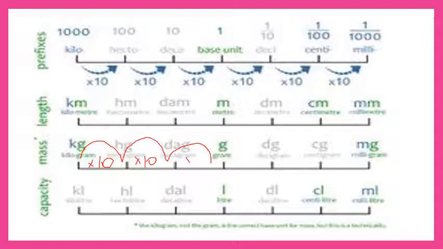So if I want to change from kilograms to grams, I multiply by 10 to the power 3. And similarly for all the other scales, I do the same. Okay?